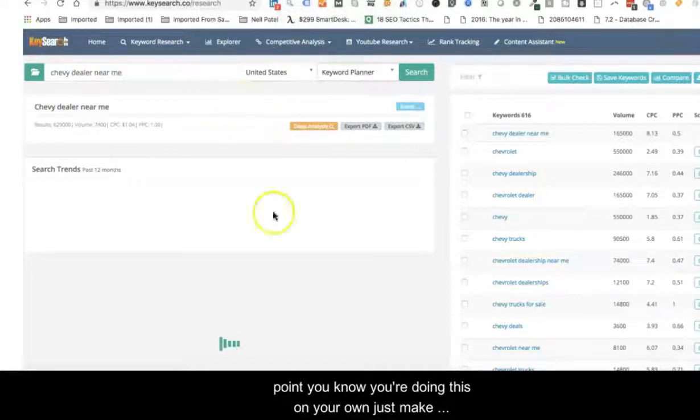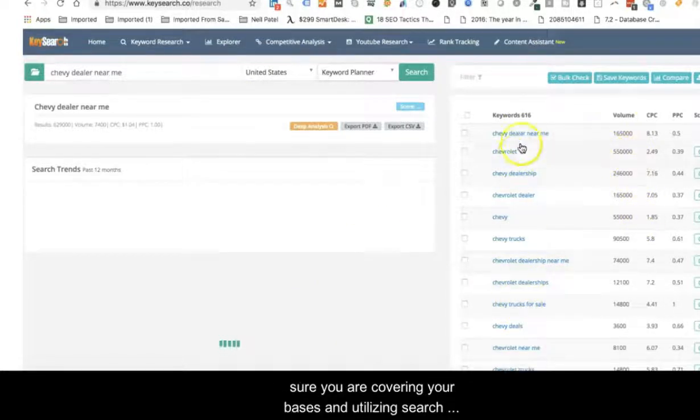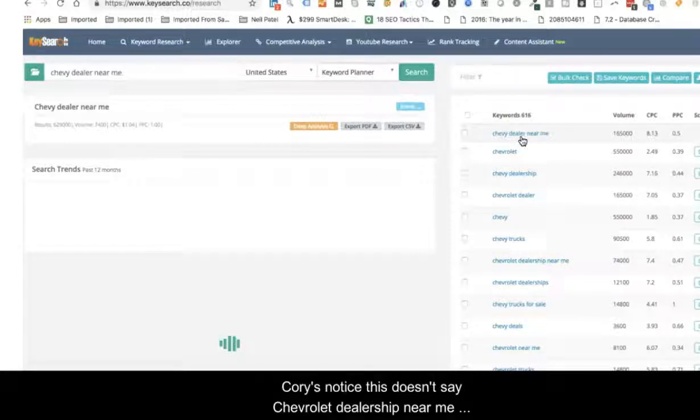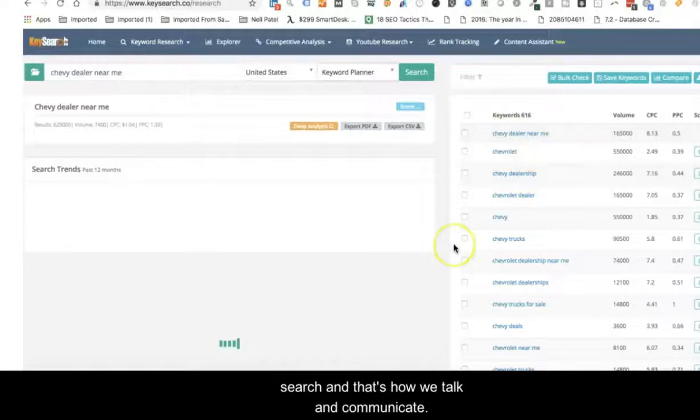But if at this point you're doing this on your own, just make sure you are covering your bases and utilizing search queries. Notice this doesn't say Chevrolet dealership near me. This is Chevy dealer near me because that's how people search and that's how we talk and communicate.